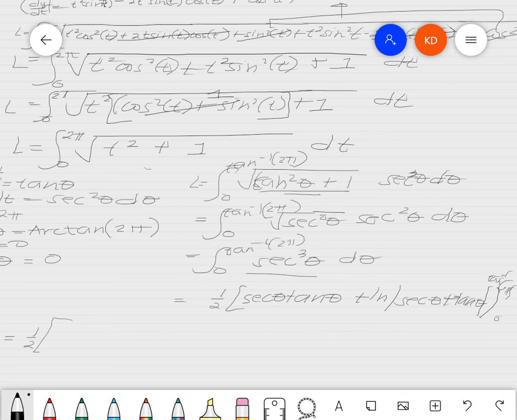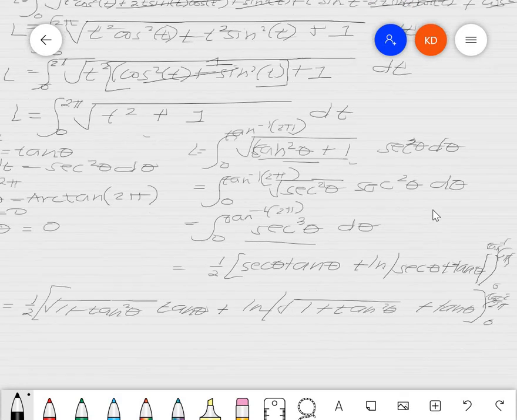So this is equal to the square root of 1 plus tangent squared theta, times tan theta, so it's easier to input in the calculator, plus ln of the square root of 1 plus tangent squared theta plus tangent theta, from 0 to arctan of 2 pi.